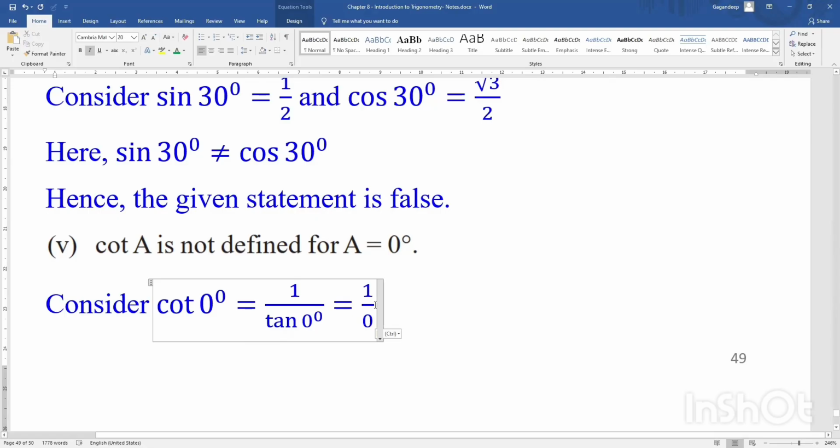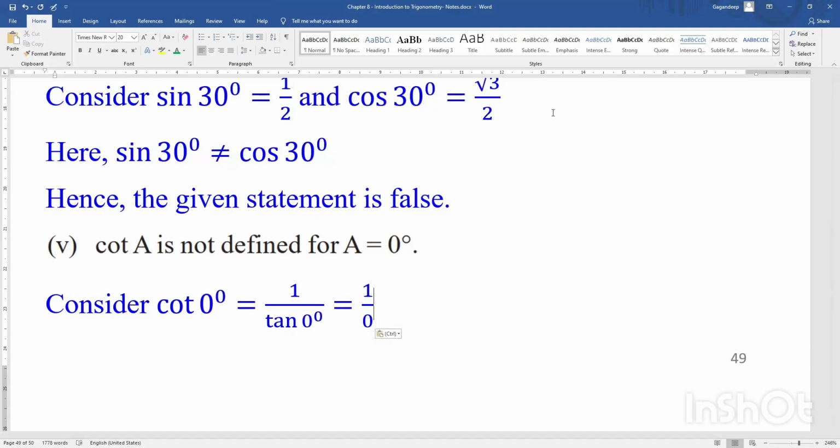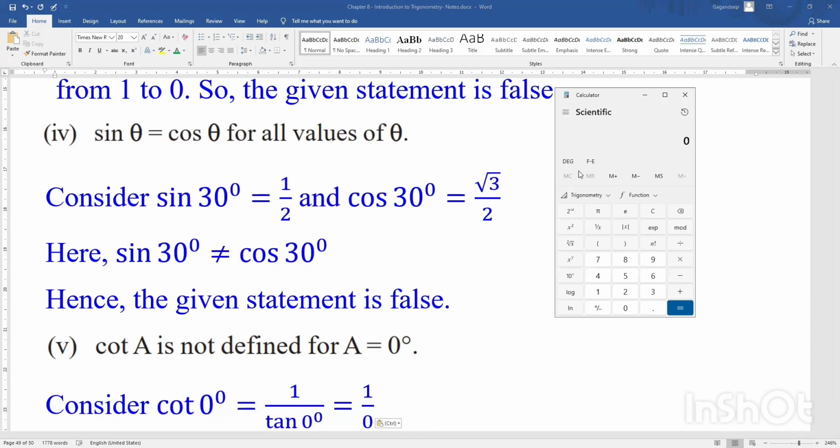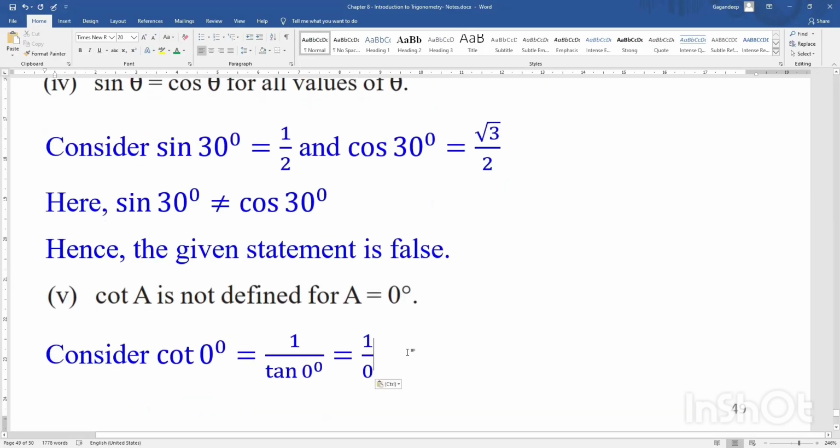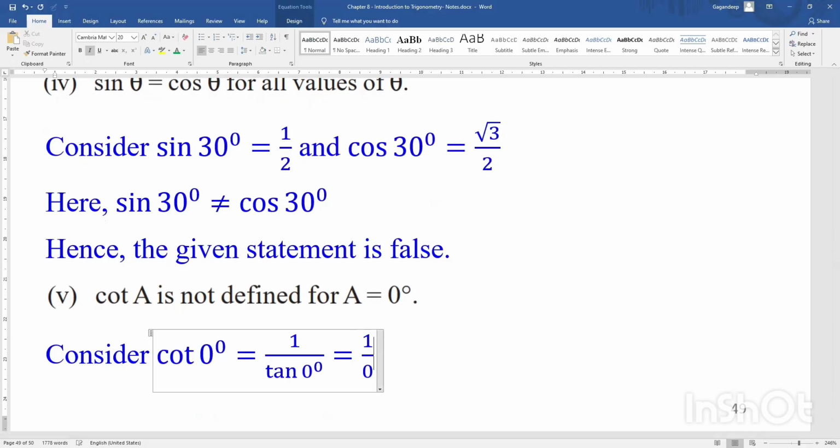When I try this calculation in the calculator, you will get an error. Let me show you. 1 divided by 0, you get cannot divide by 0. So that is undefined.